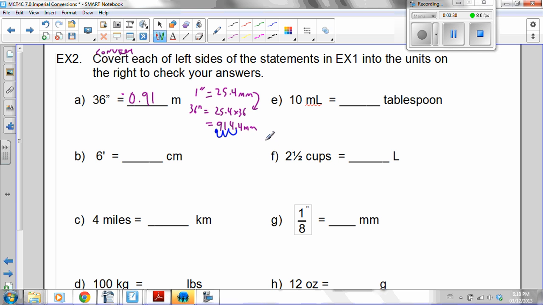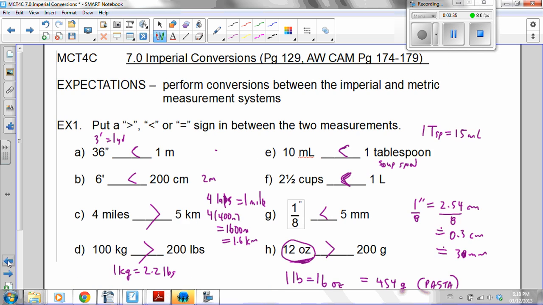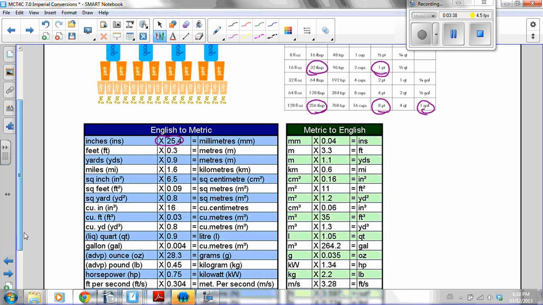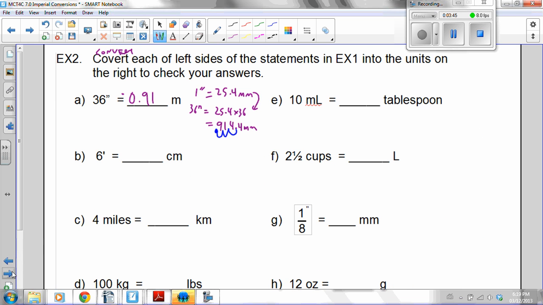So the next one, feet in centimeters. I'm going to go back to my table. Feet and centimeters. Well, there's feet and meters, and that should be just fine. It said 1 foot was 0.3 meters, which of course I can change to centimeters.